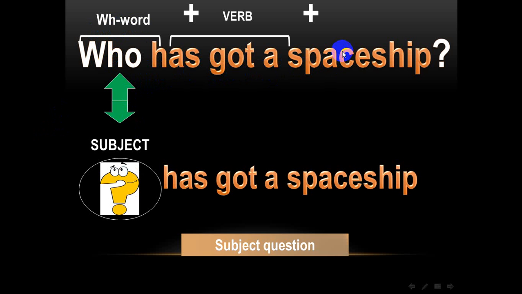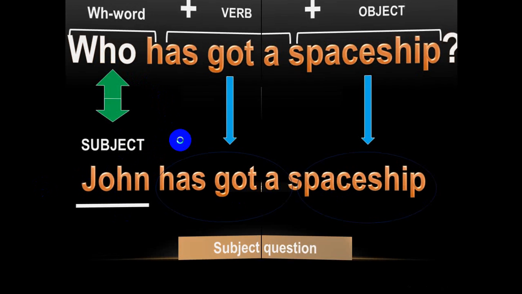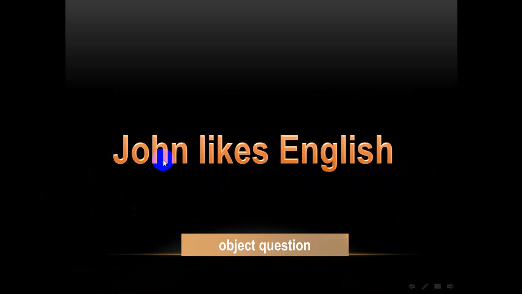And spaceship is the object. Why did I use who? Because the subject is a person. Only I omit the subject and put the question word. Here is who.